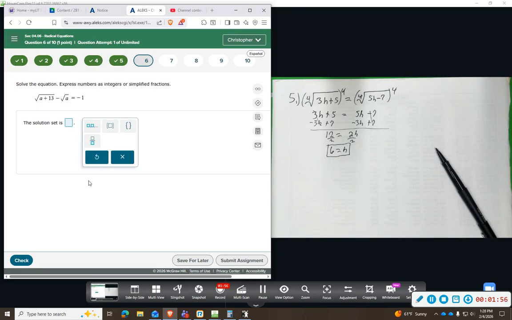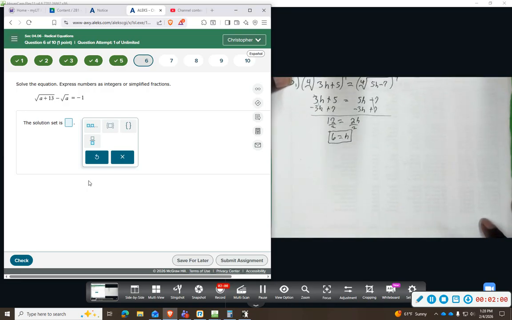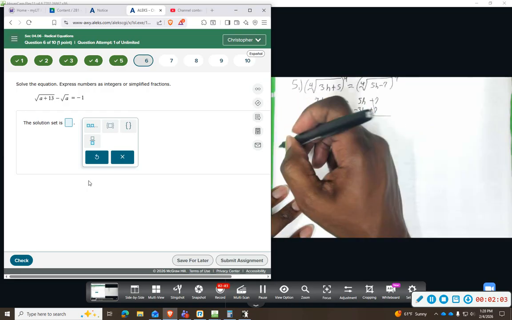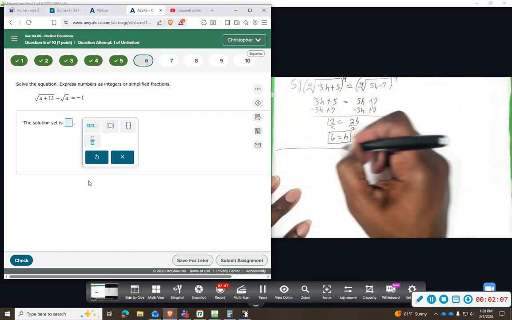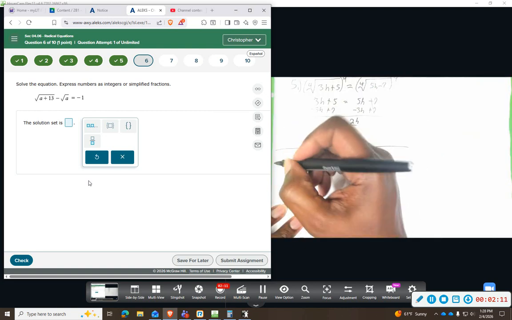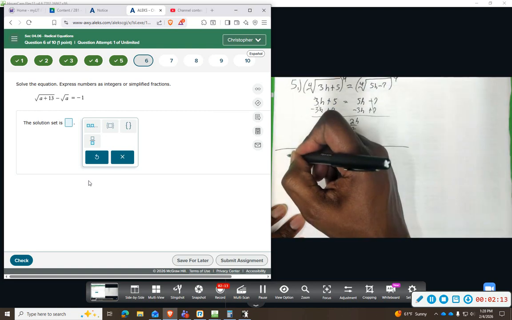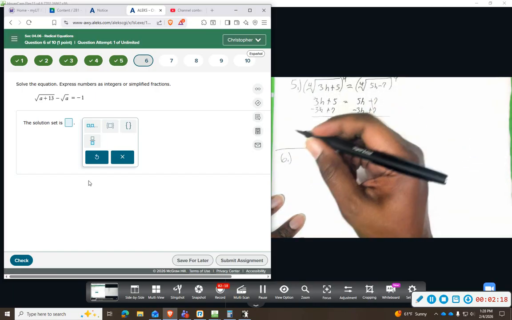All right, so this one is going to be a little bit more lengthy because we have two radical terms. Now, the shortcut to solving these would be to isolate one of the radical terms and then square both sides, and you'll end up having to square the problem twice, but there's going to be a lot more work if you leave them on the same side.